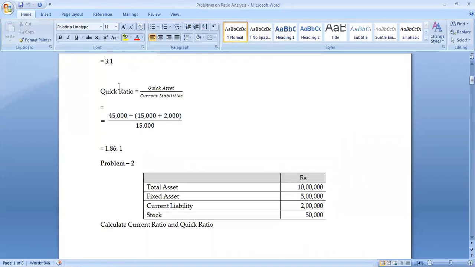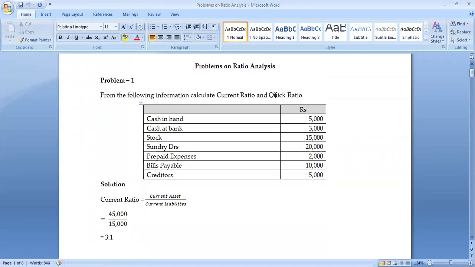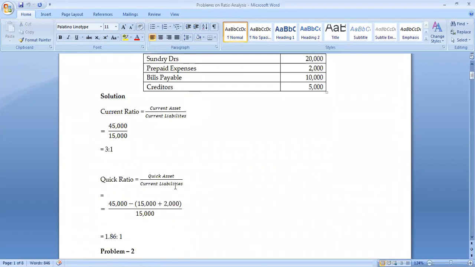They have also asked you to calculate the quick ratio. What is the quick ratio? Quick ratio includes all the current assets except stock and prepaid expenses. So quick assets are 45,000 minus 15,000 plus 2,000, so 45,000 minus 17,000, divided by 15,000.